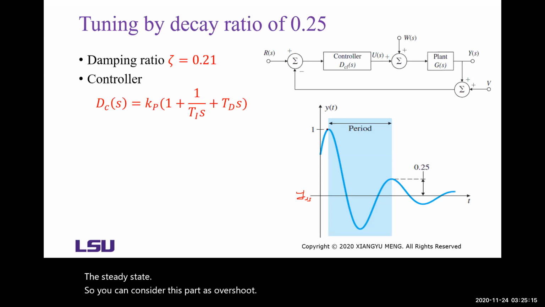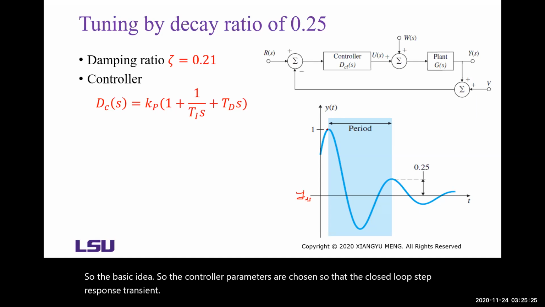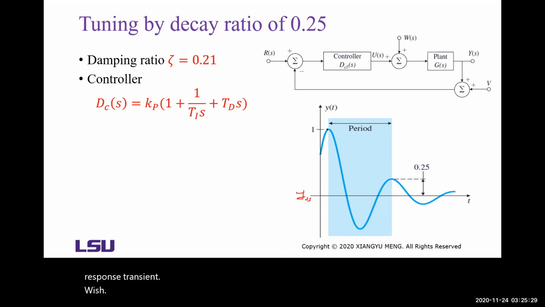So the controller parameters are chosen so that the closed loop step response has a decay ratio of approximately 0.25.